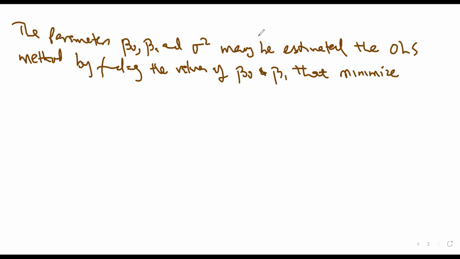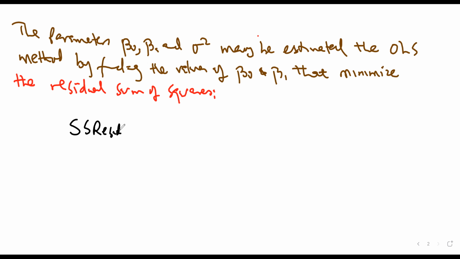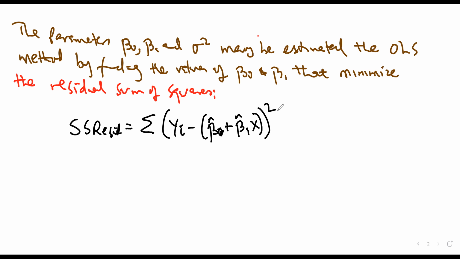Okay, and the residual sum of squares are given by this formula. So SS resid, that is sum of squares residues, is given by this summation of yi minus beta naught estimate plus beta 1 estimate x, like that, then square.